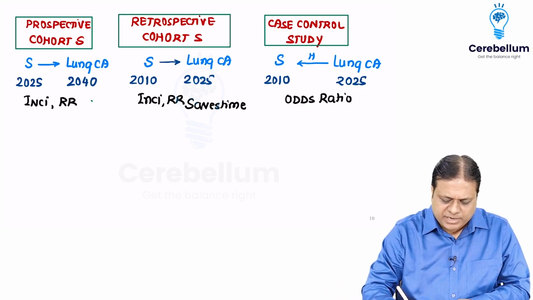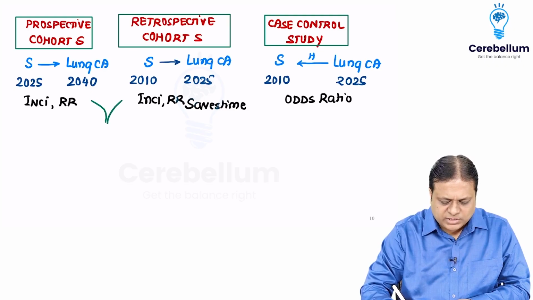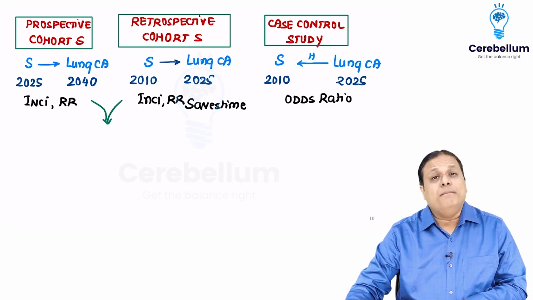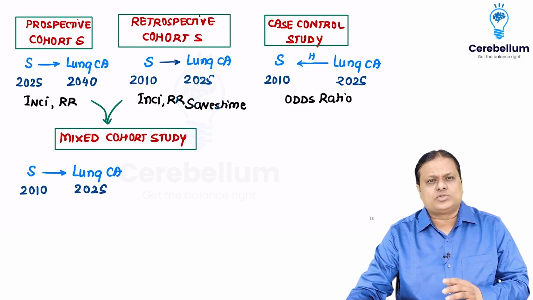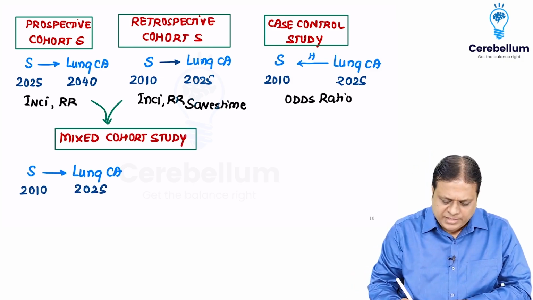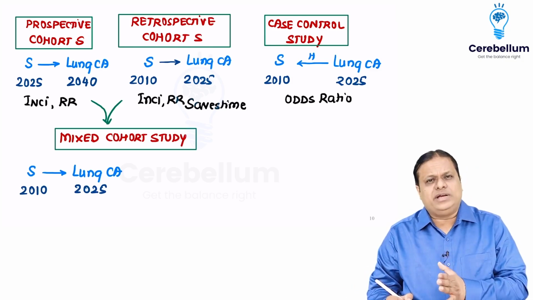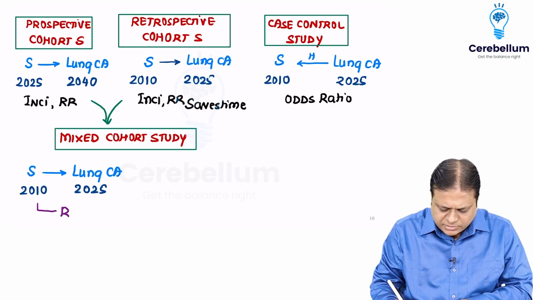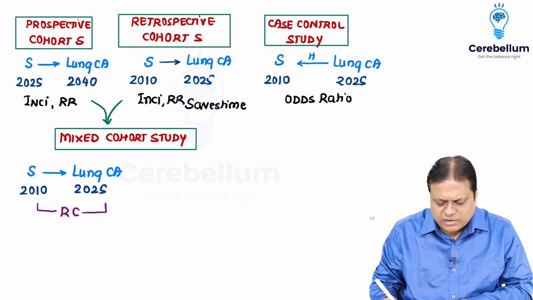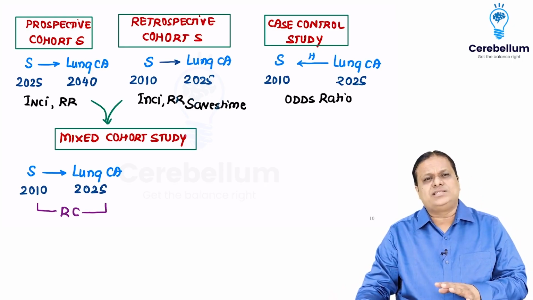And if you combine both of these together, that is known as a mixed cohort study. You did a retrospective cohort study, taking the hospital records, finding smokers and non-smokers from 2010 data, and then you follow them up to the current time, 2025, to see how many have developed the disease. You are going in a forward direction, so you will get incidence and relative risk.